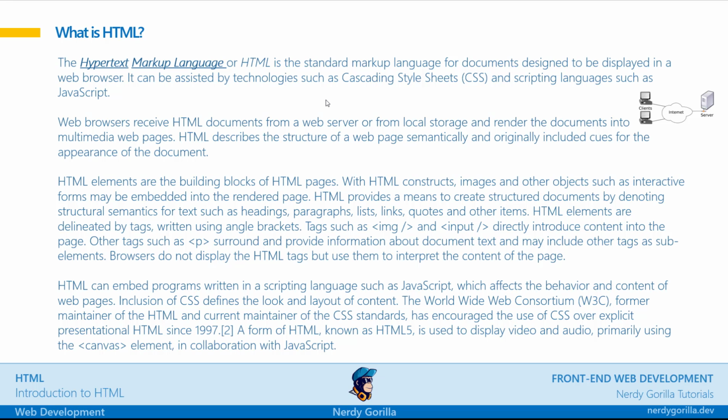It can also be assisted by technologies such as cascading style sheets, shortly CSS, and scripting languages such as JavaScript. Web browsers receive HTML documents from a web server or from local storage and render these documents into multimedia web pages. HTML describes the structure of a web page semantically and originally included cues for the appearance of the document.